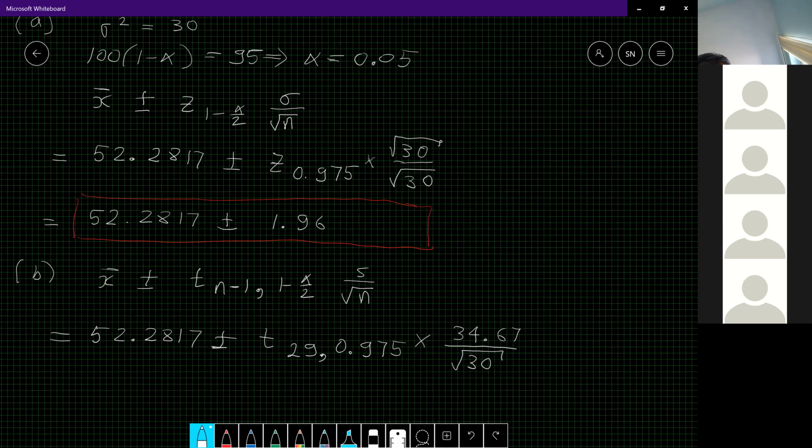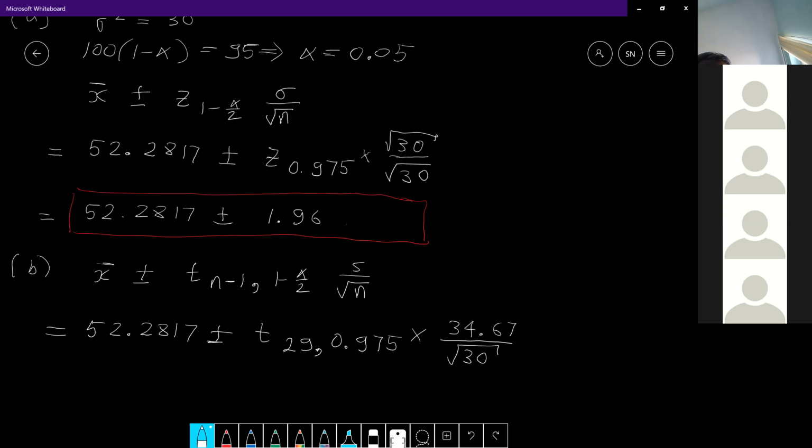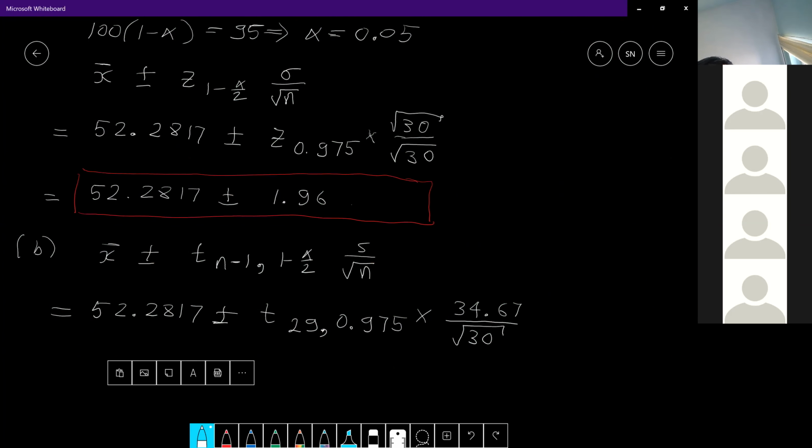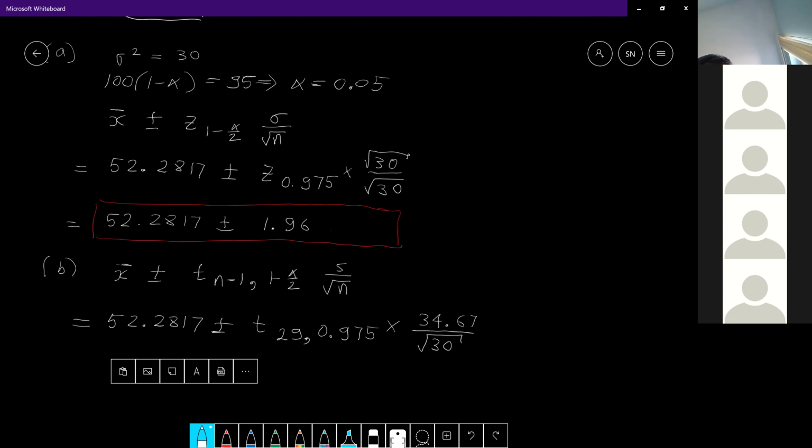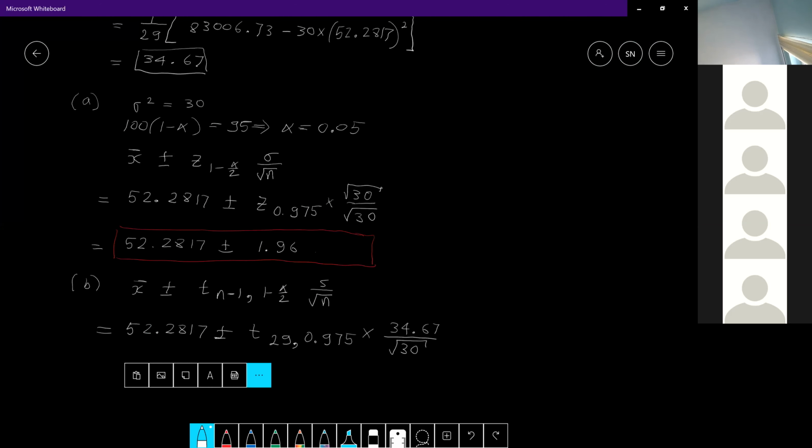Okay, guys, now you can read this value from the t table. I gave you a copy a long time ago. So if you read that from the t table, you will get 52.2817 plus or minus 2.045.